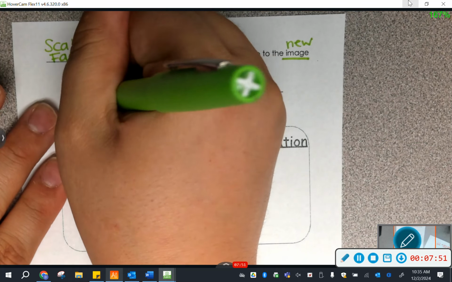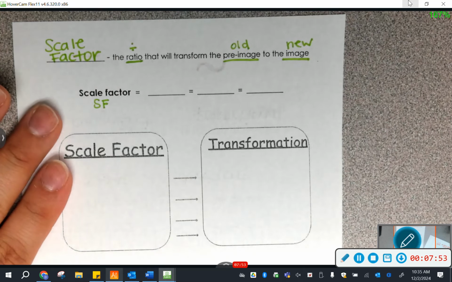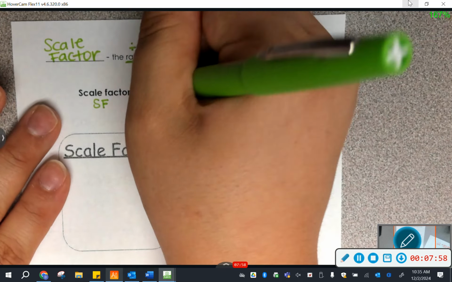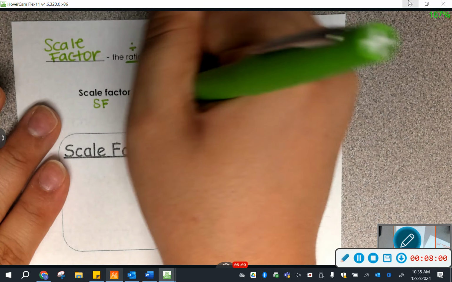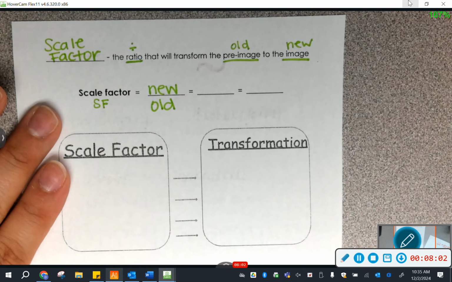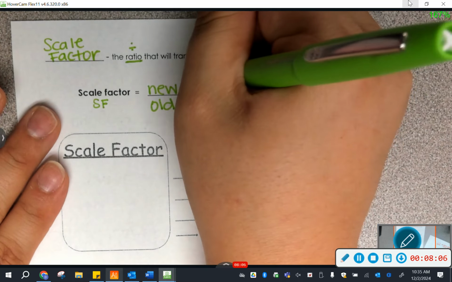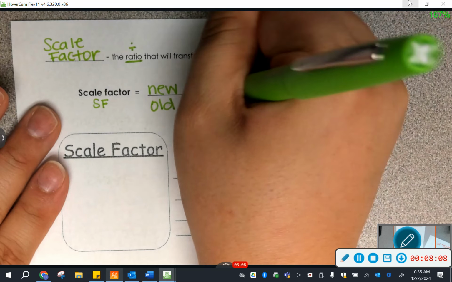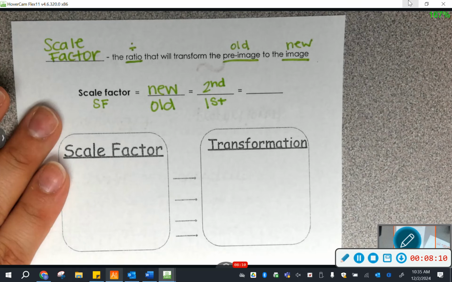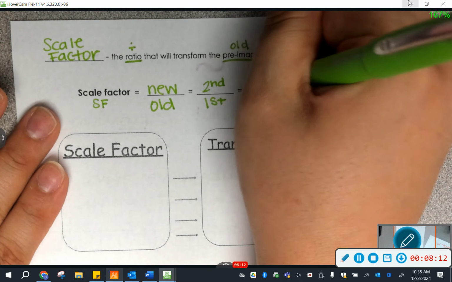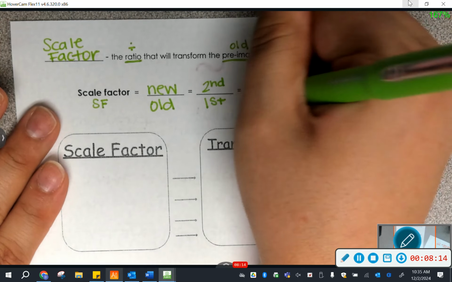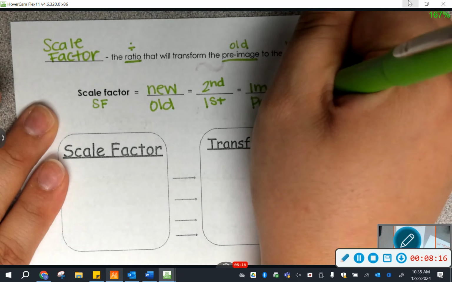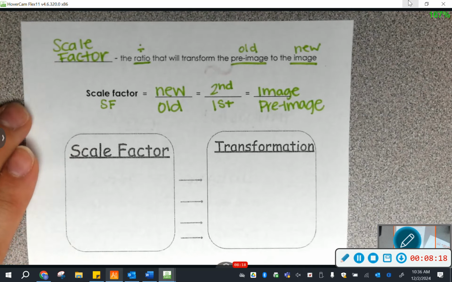By the way, you're going to see me write scale factor as SF. To find it, you are going to divide your new divided by your old, or your second divided by the first, or your image divided by your pre-image. Please write all of these down.